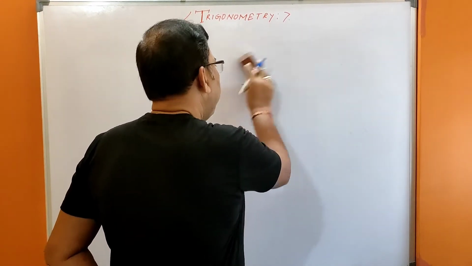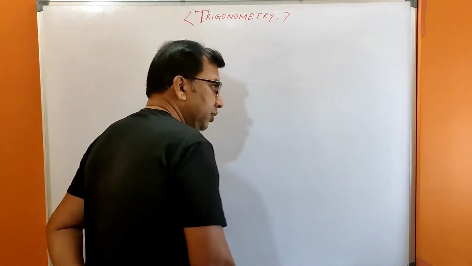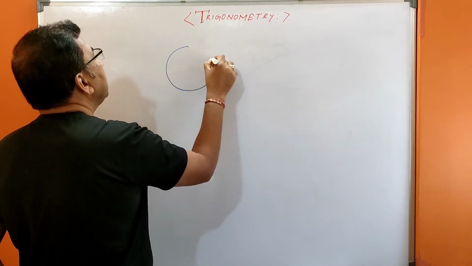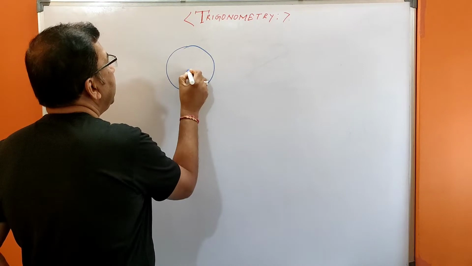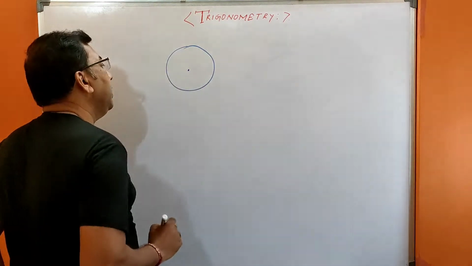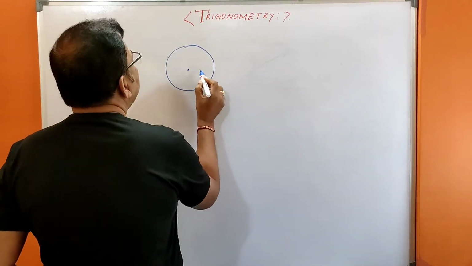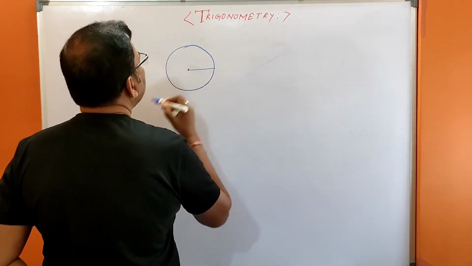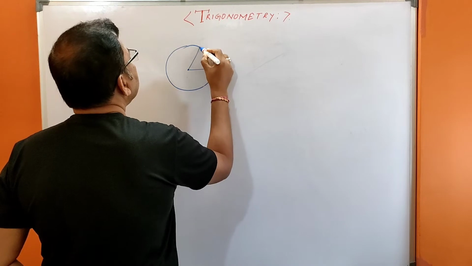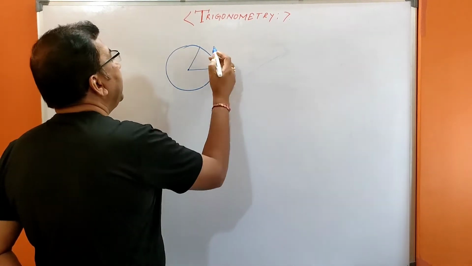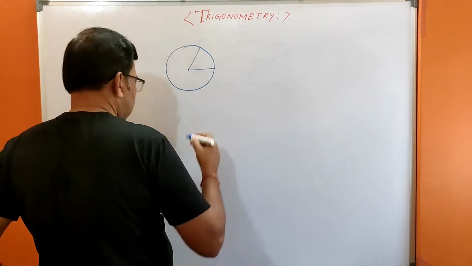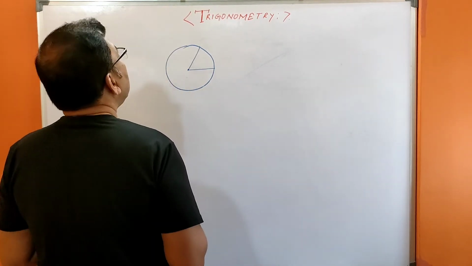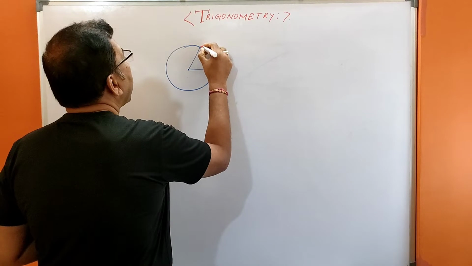Besides this, suppose this is the circle. Okay, this is the center. This is the radius. This is also a radius, two rays, and this is the arc.